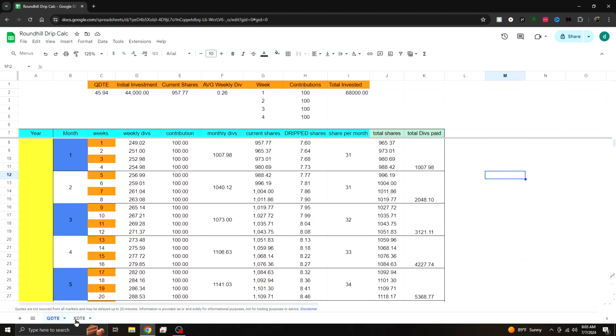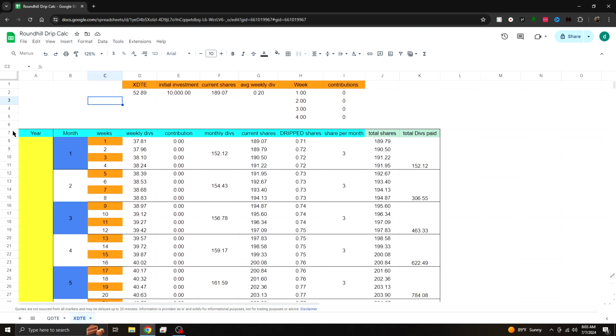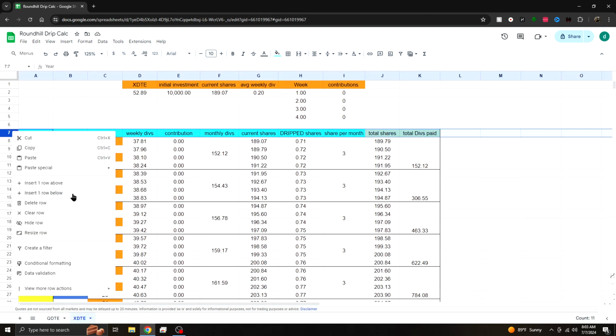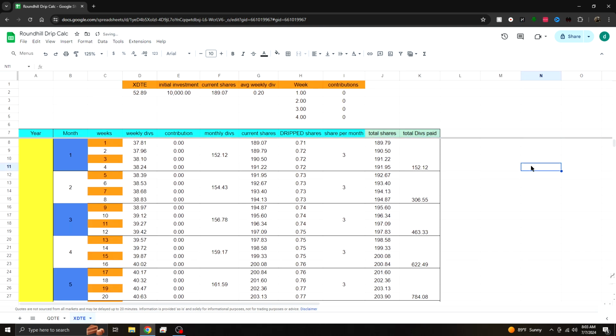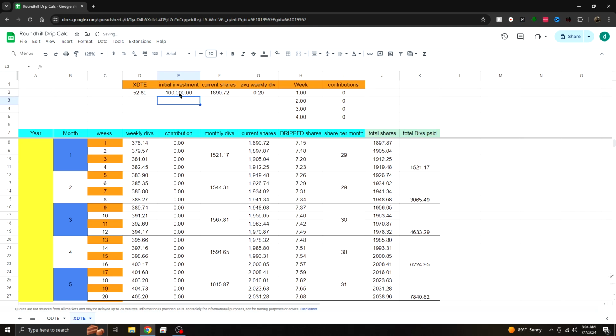So this would be the same for XDTE. Let me just freeze this one so they're the same. There we go. All right, so XDTE would be the same. We can just run some quick numbers here. Let's try. I think it's 100,000. Nope. 80. Nope.